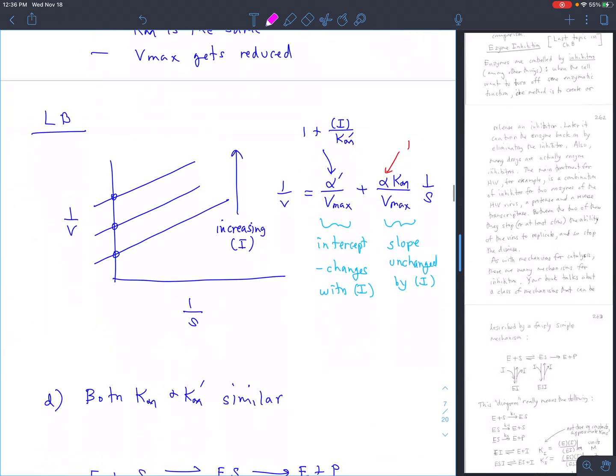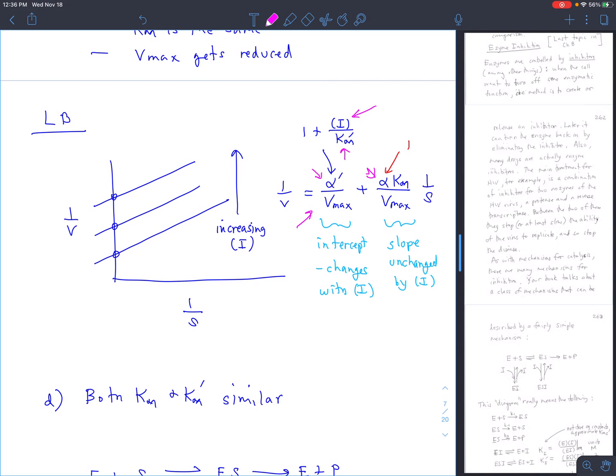And if we look at the Lineweaver-Burk plot, we also get different behavior. In this case, the intercept, with the alpha prime value in there, is now changing, right? So as we raise the inhibitor value, Km is finite. The intercept value changes, but now alpha doesn't change. It's always equal to 1 no matter what inhibitor concentration we put in.